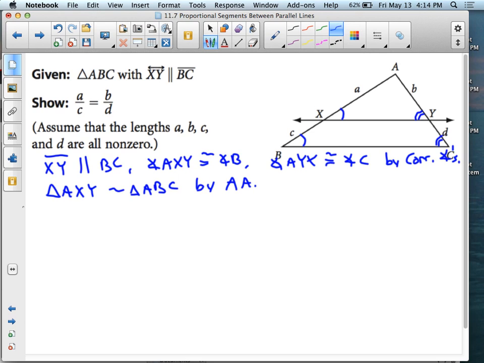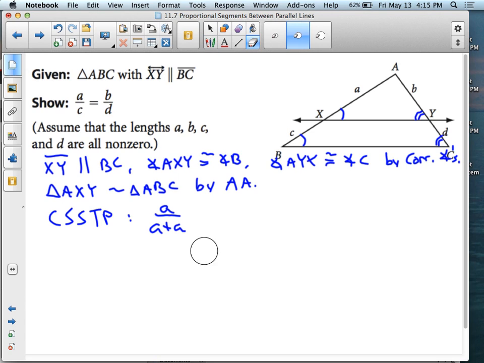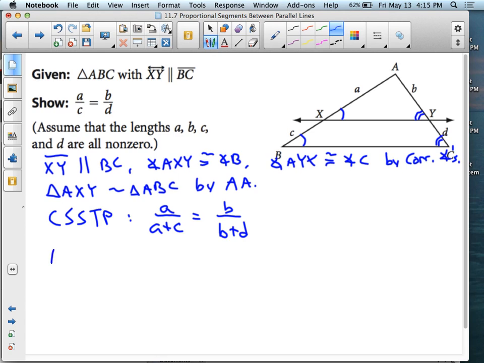So now I know the sides are proportional. So I'm going to write a proportionality statement, then I'm going to do some algebra. By that CSSTP, corresponding sides of similar triangles are proportional, it tells me that A is to the whole side A plus C, A is to A plus C, as B is to B plus D. So let's do some multiplication now.